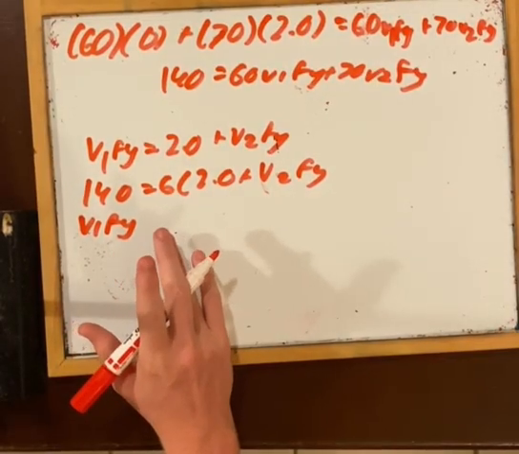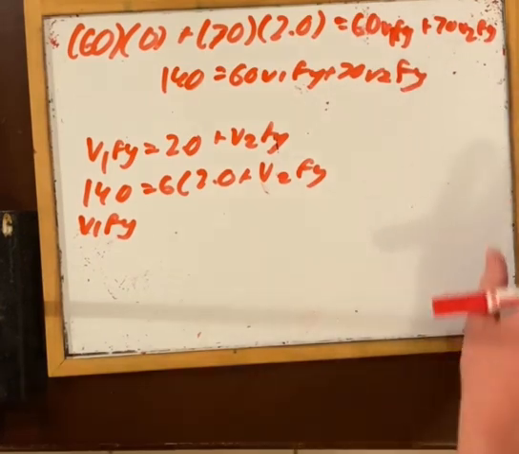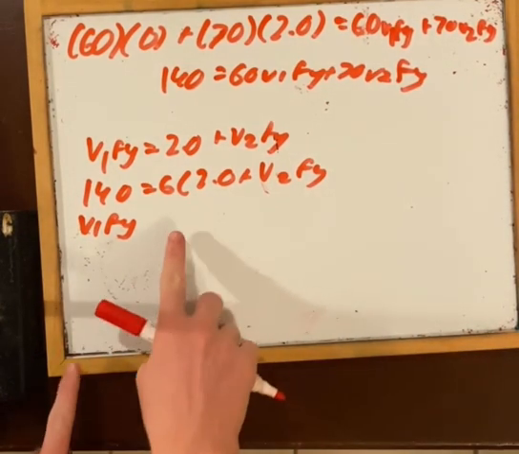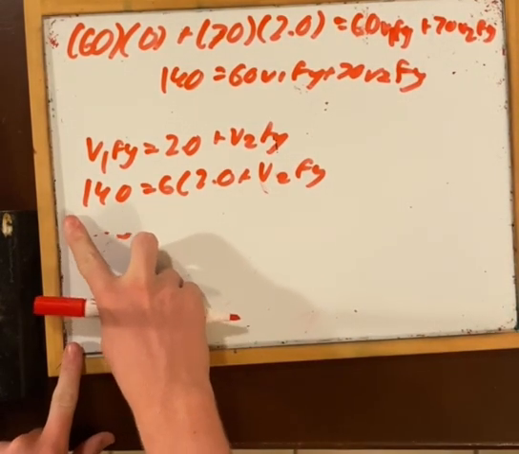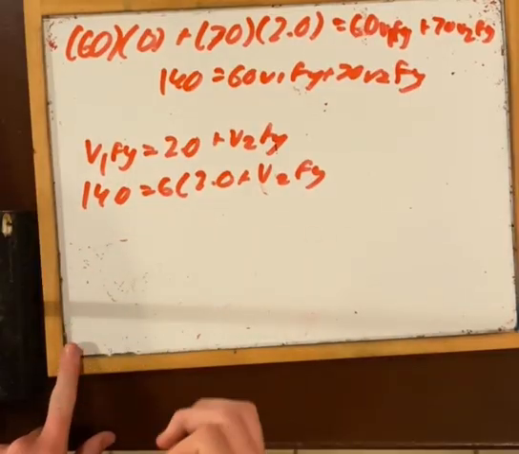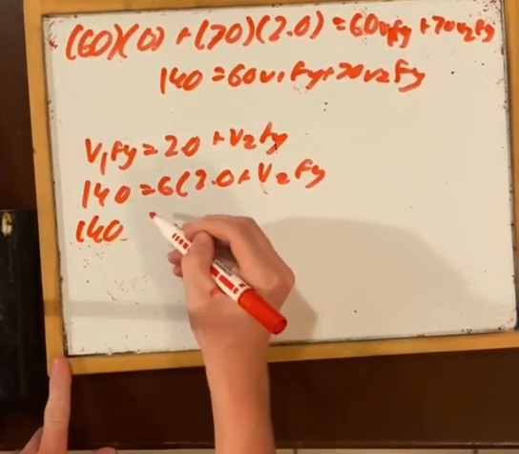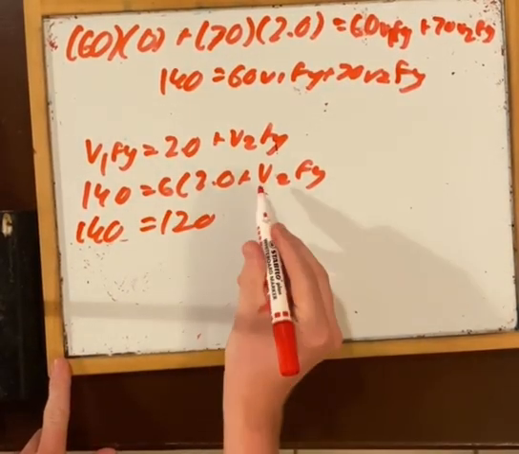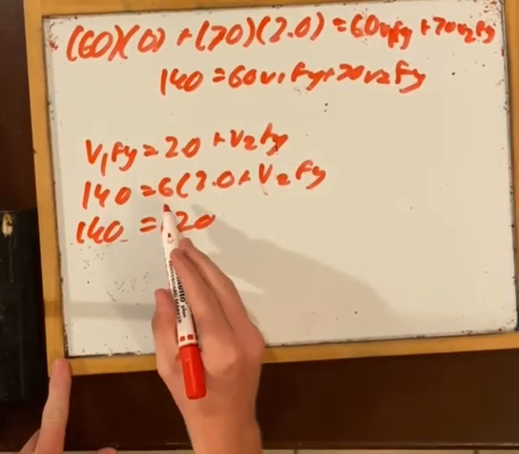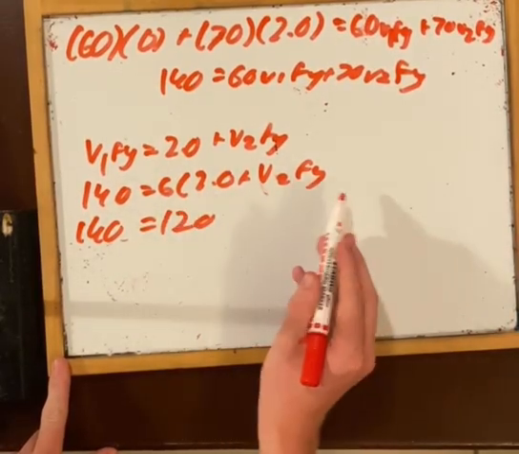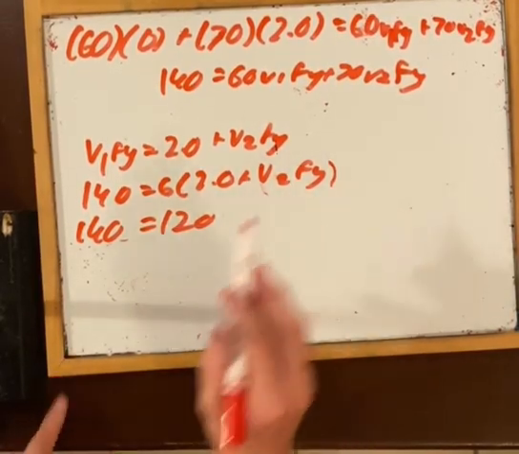Oops. Let's see, where did I mess up? Okay, let's see what I did. 140 again equals 120, which is just this. We just distributed this 60 into these variables.